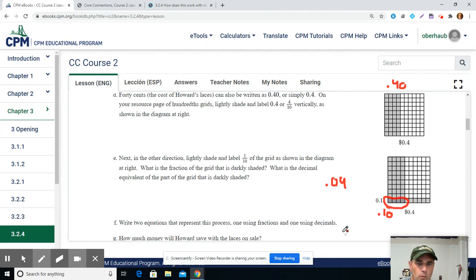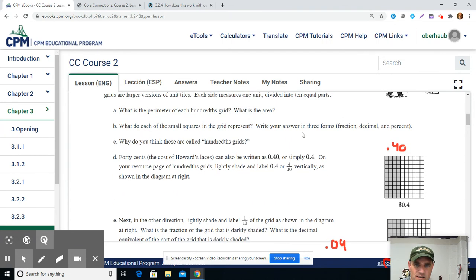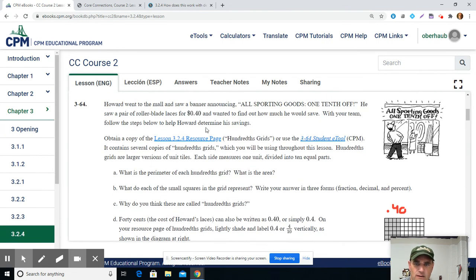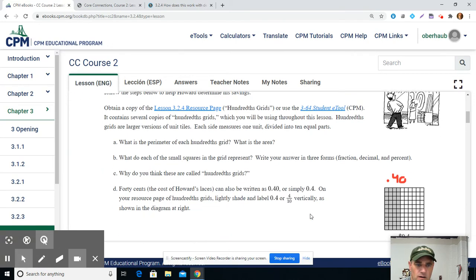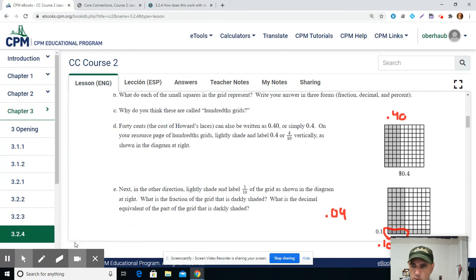So we would save 4 cents. So remember, our laces cost us 40 cents. We're going to save 4 cents. So that means our laces end up being 36 cents total.